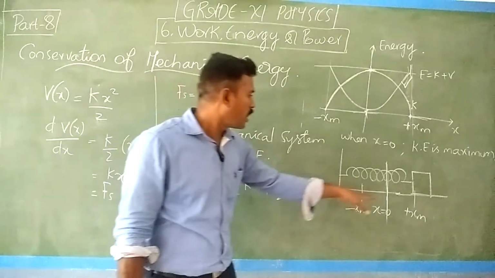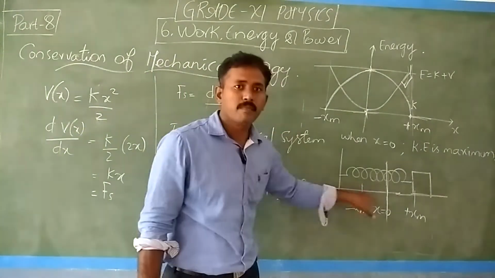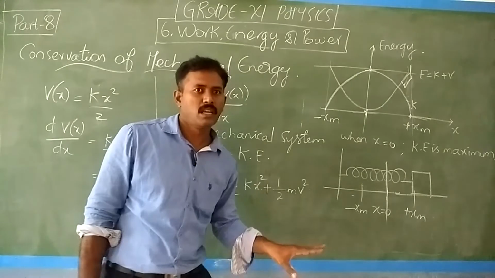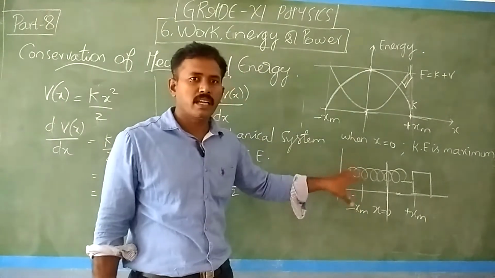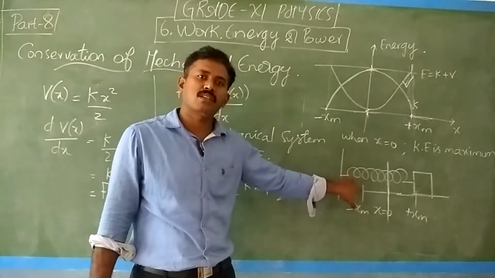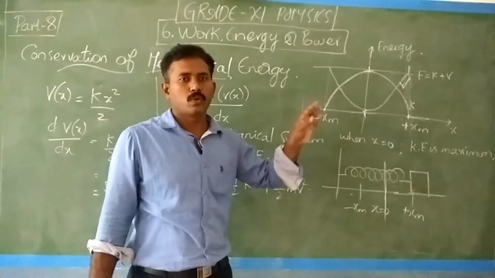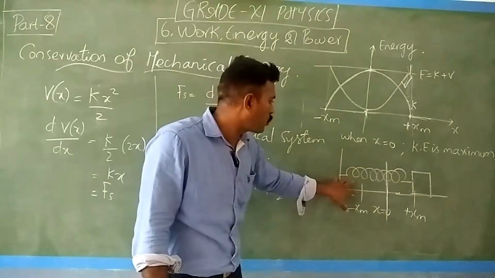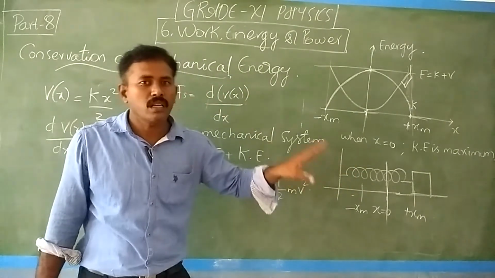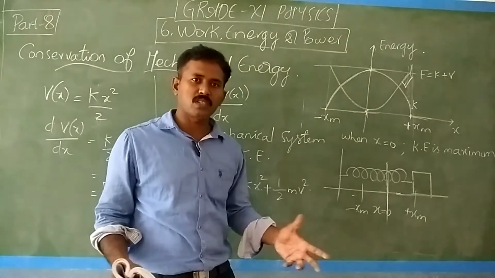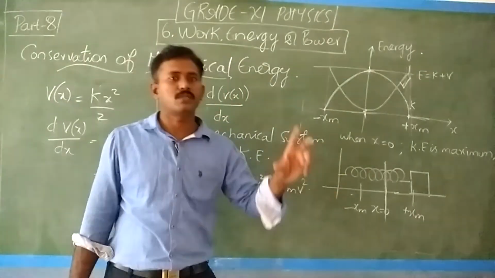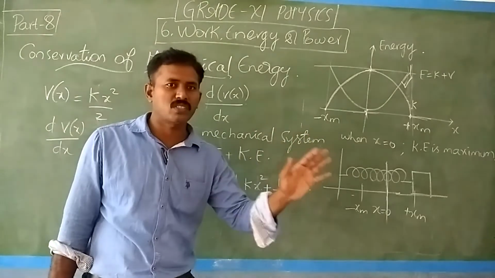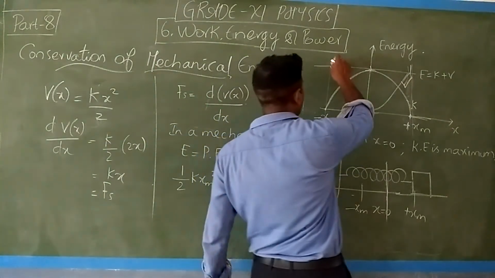I repeat, at the maximum compression the block comes to rest and it is ready to move. Due to the compression the entire compression force acts on the wooden block. And now the potential on the wooden block is very maximum, so the maximum potential energy is here.